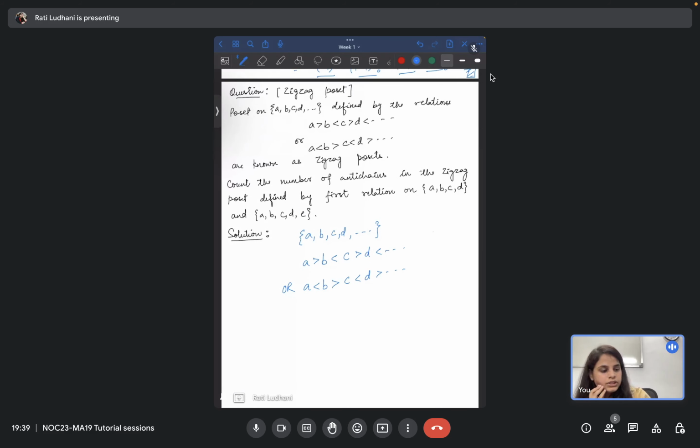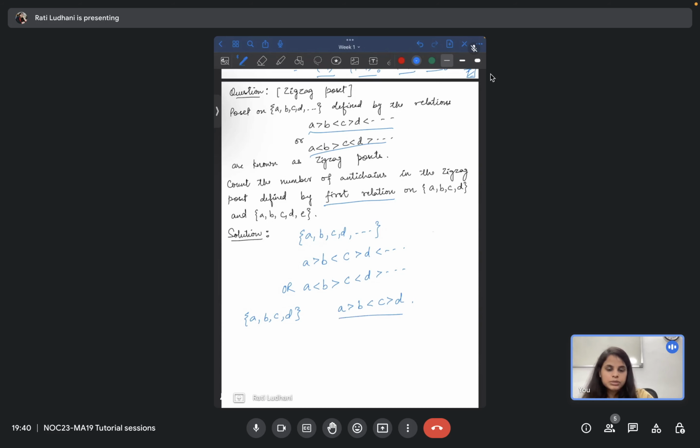Now, if you just consider A, B, C, D, so we have taken just 4 elements, consider the first relation. Both kinds could be called a zigzag poset, but let's consider the first relation, with C greater than D. Now, can you count the number of anti-chains in the zigzag poset?